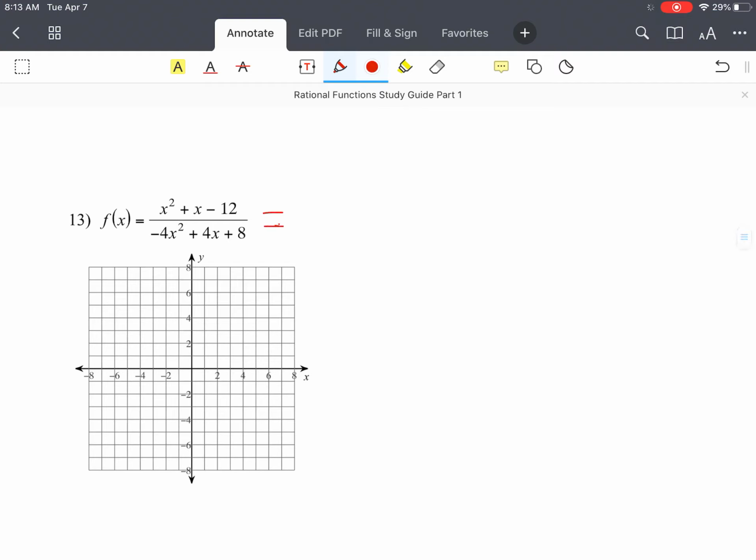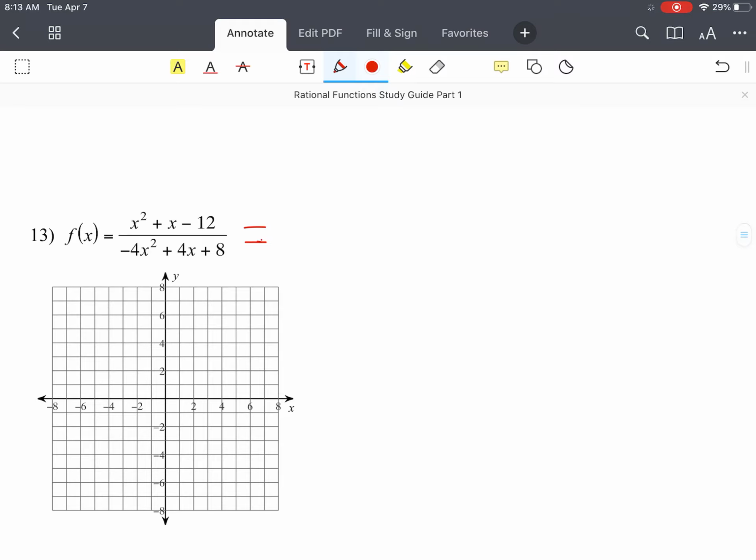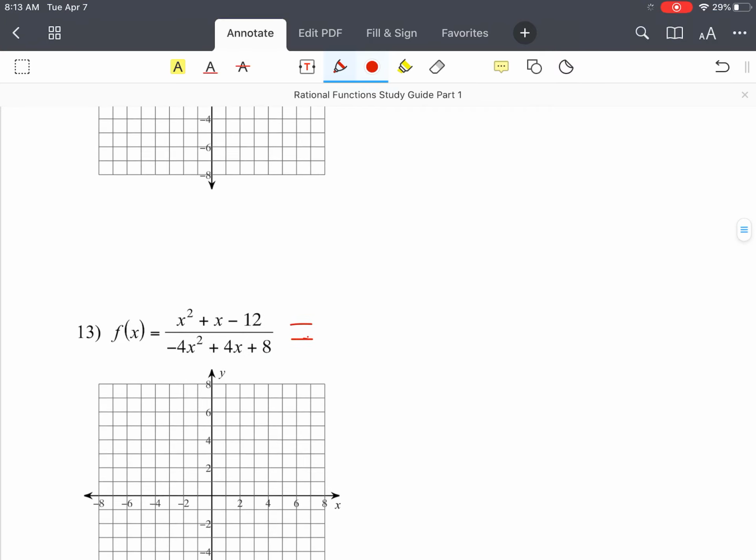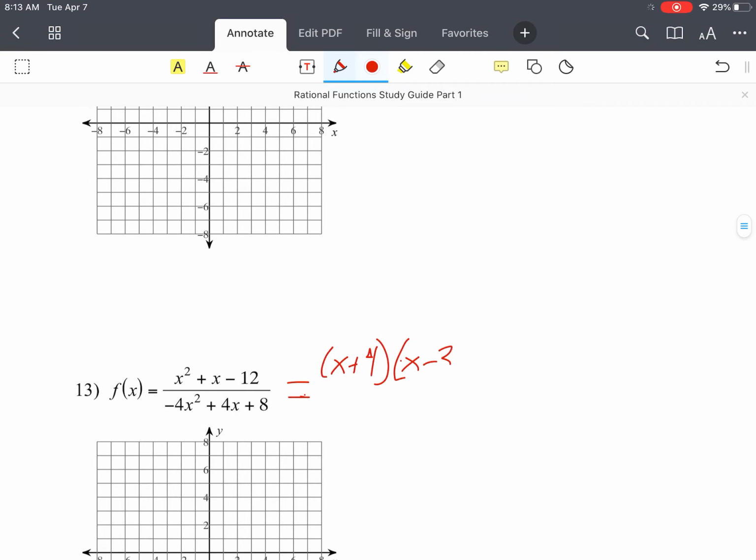Okay, so we've got x plus 4, x minus 3 on top. Okay, on bottom we can first factor out a negative 4.